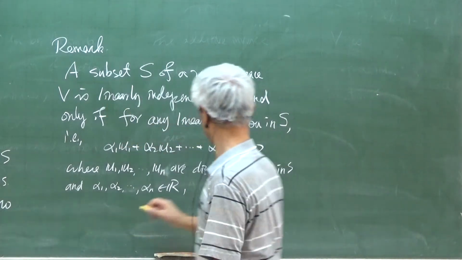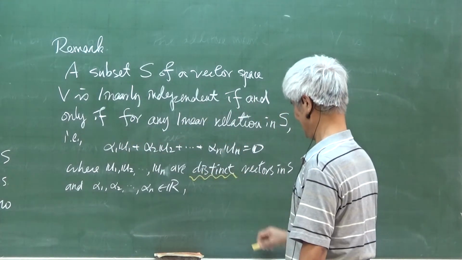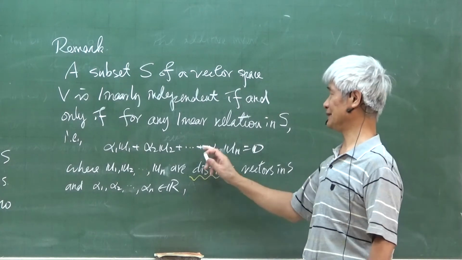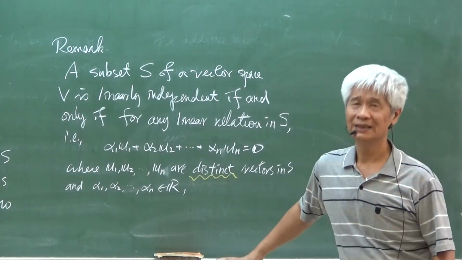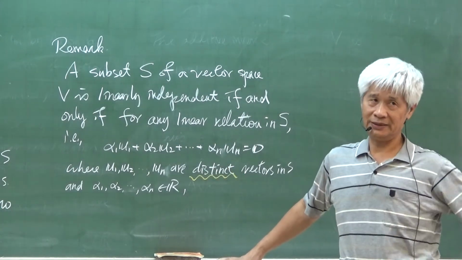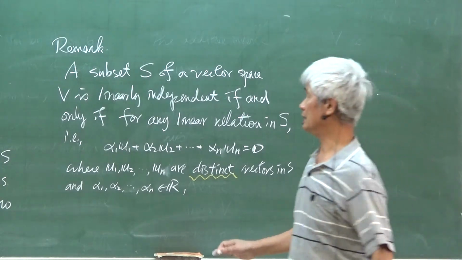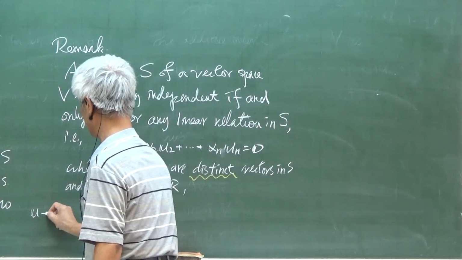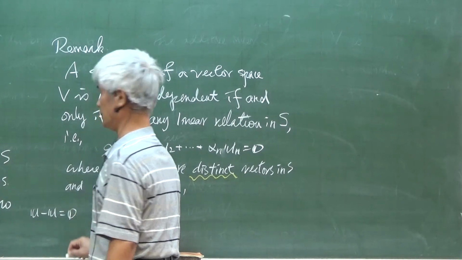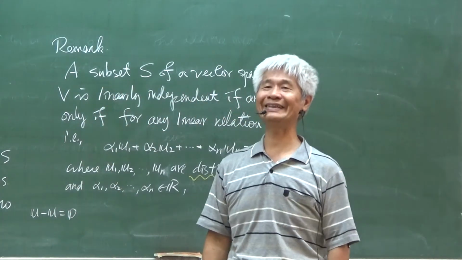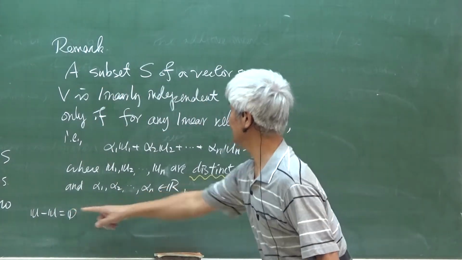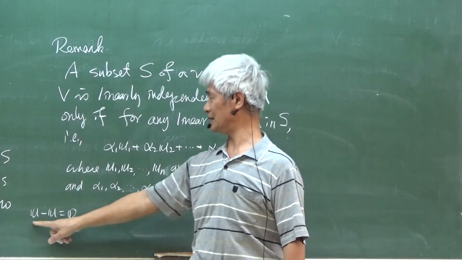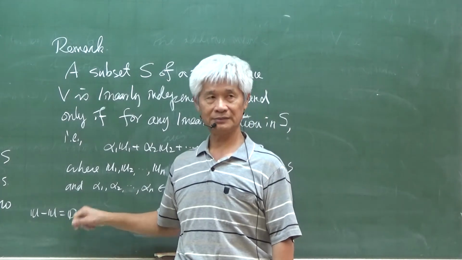Again, distinct. If not distinct, then it's quite easy to establish a non-trivial linear relation. Why? You just take u minus u and it's all 0. You can pick an arbitrary u from S and form a non-trivial linear relation.